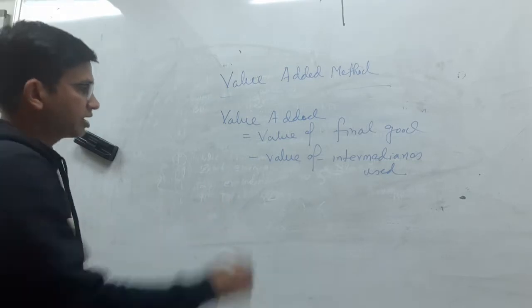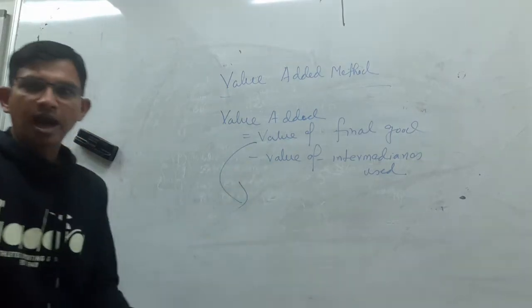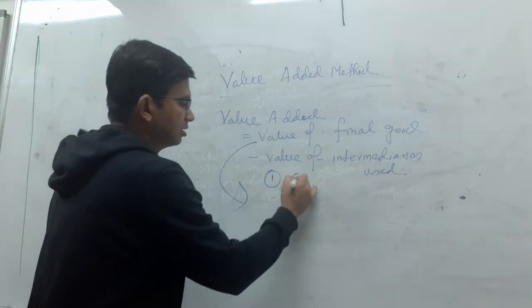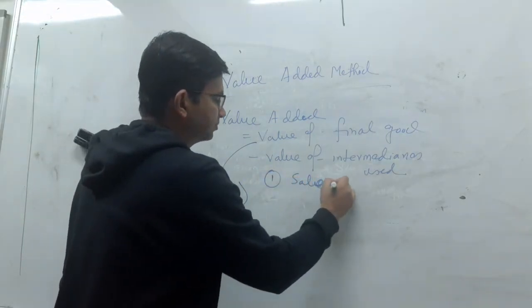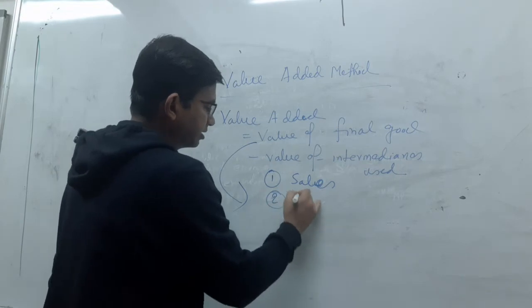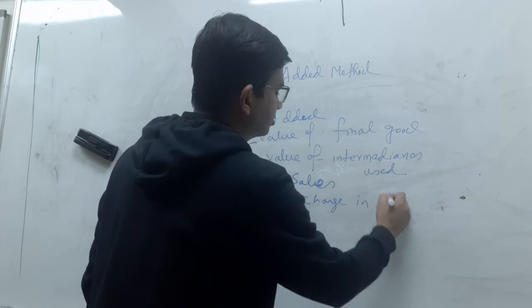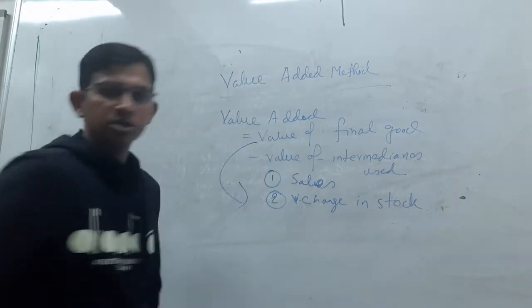Now, the value of final goods has two components. One is the value of sales and the second is the change in stock.